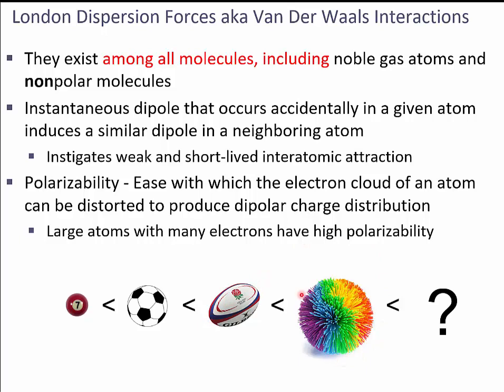Some molecules are going to be even easier. The bigger you are, the more loosely bound. So something big and globular, like a fullerene, is going to be nonpolar, but really big. It's going to be easy to push those electrons around, very easy to induce a dipole. And so it's going to have a relatively strong London dispersion force.